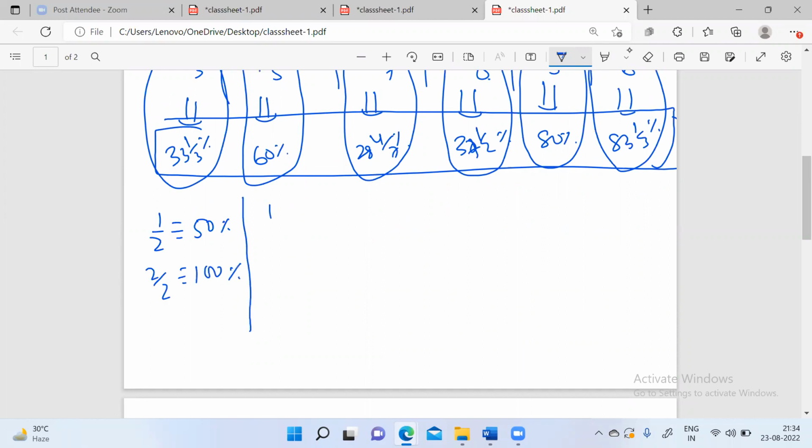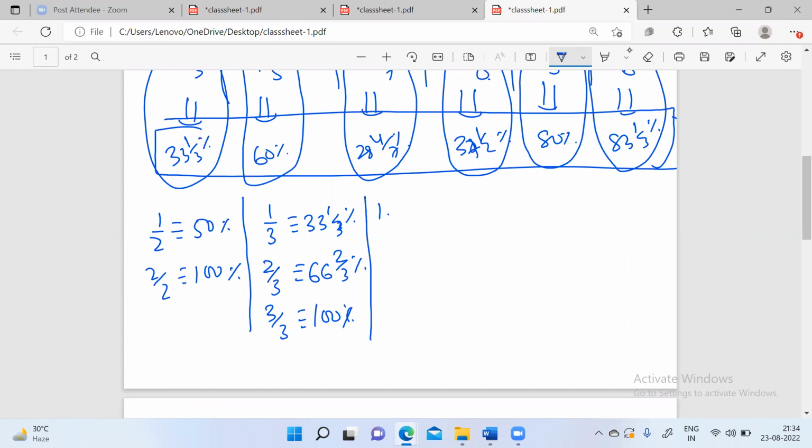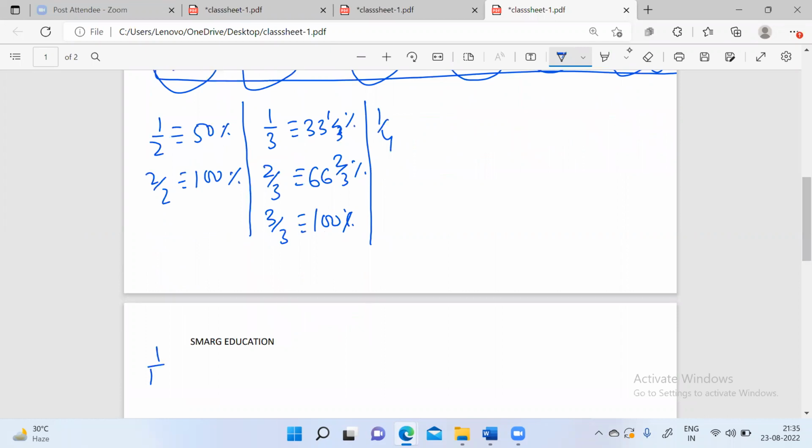If I write 1/3, you write 33 1/3%, using the mixed fraction, not a decimal percentage. 2/3 is 66 2/3%, and 3/3 is 100%. In this way, you have to write up to the 1/16th series.